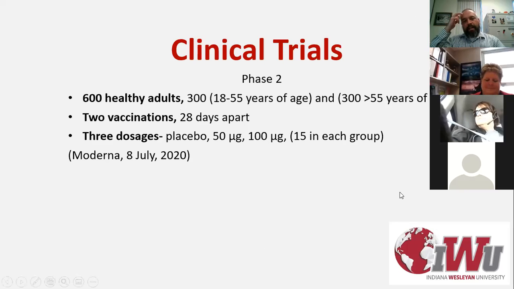They were also given vaccinations 2 days apart. And in this case, they were given either a 50 microgram dose, a 100 microgram dose, or a placebo, which is basically a saline shot, designed to do nothing in terms of immune response, but it gives a point of comparison to be able to tell how the vaccine is working.